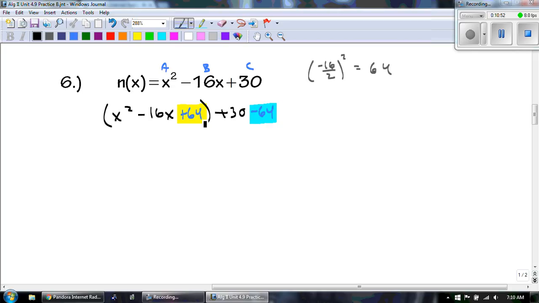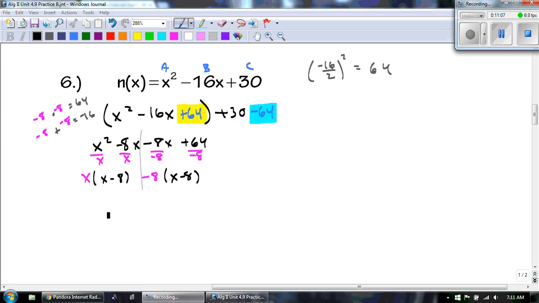All right, go ahead and set up. Start factoring. You're looking for numbers that multiply to get to 64 and add to negative 16. Okay, so as you do this, you should have gotten that it is x minus 8 and x minus 8.